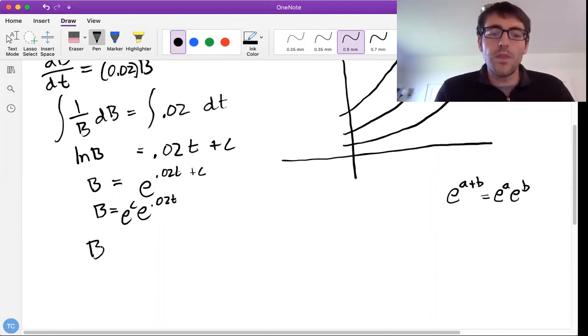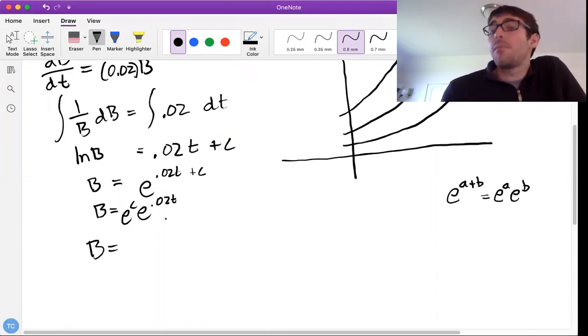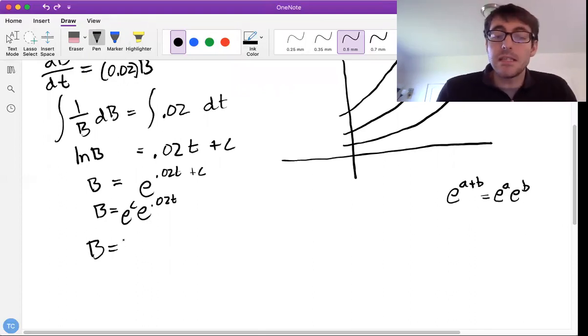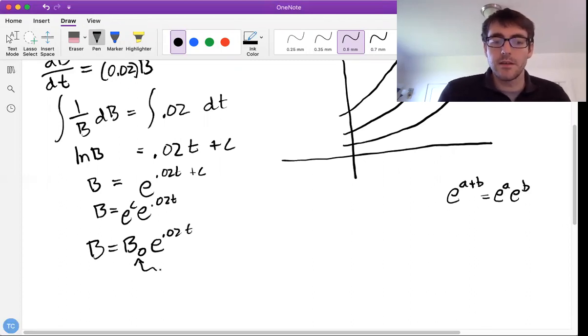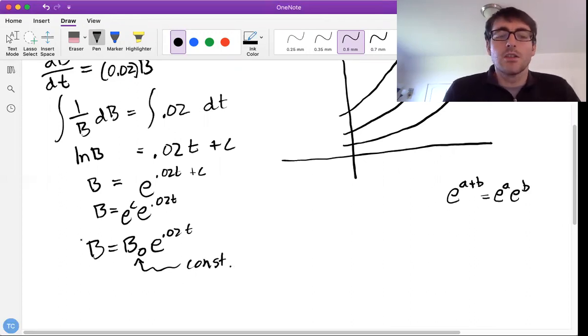So one thing we can do is rename this e to the c as some other constant. We could call it c. It's common to also call it something like p0, or in this case b0, times e to the 0.02t. So this thing is a constant.